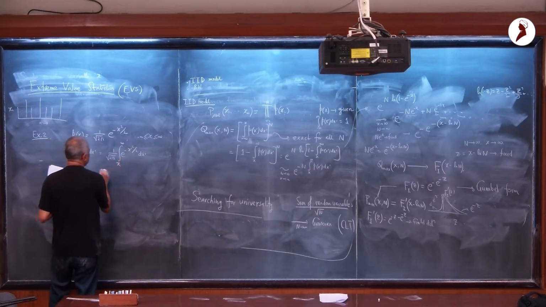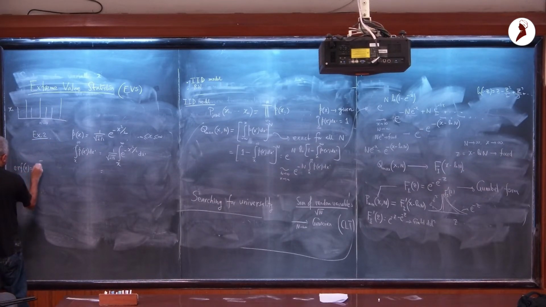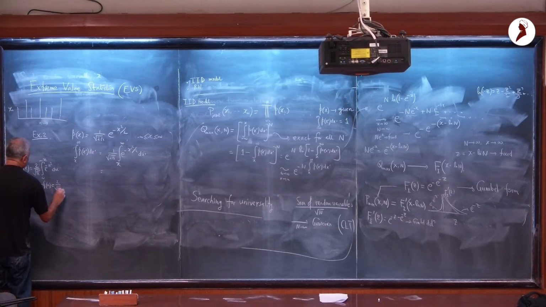This is something called the error function. The error function is defined like this with this normalization, and its complement, called the complementary error function, is simply 1 minus the error function of x. This is just 2 over root pi, the integral from x to infinity of e to the power minus u squared du.